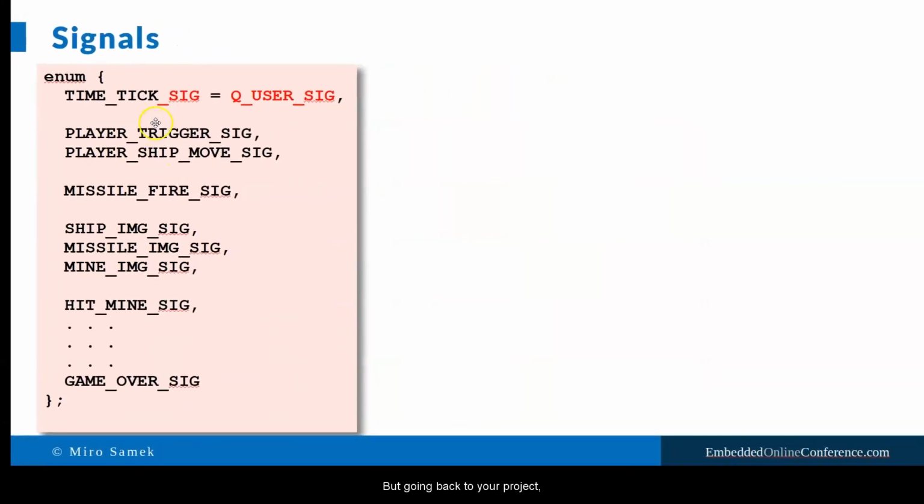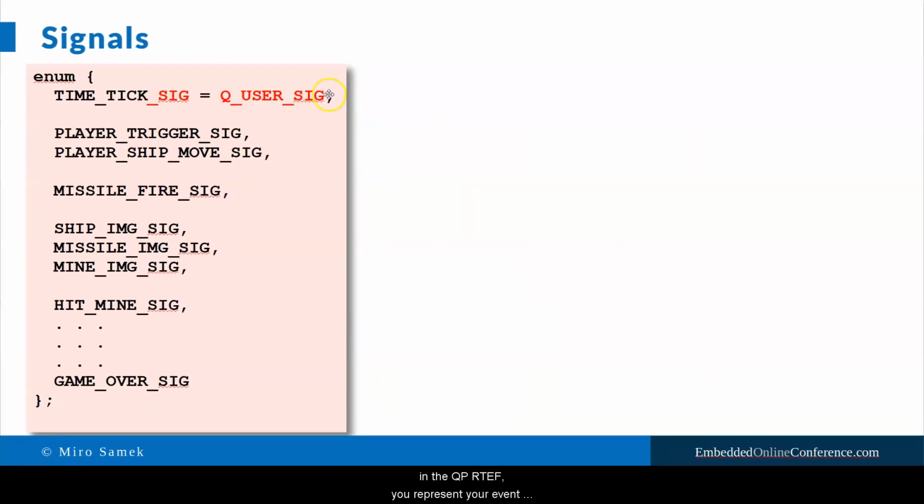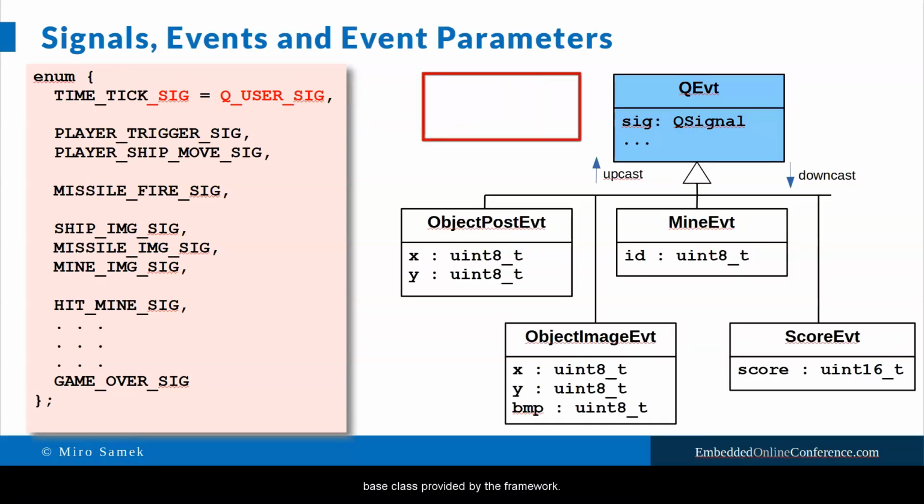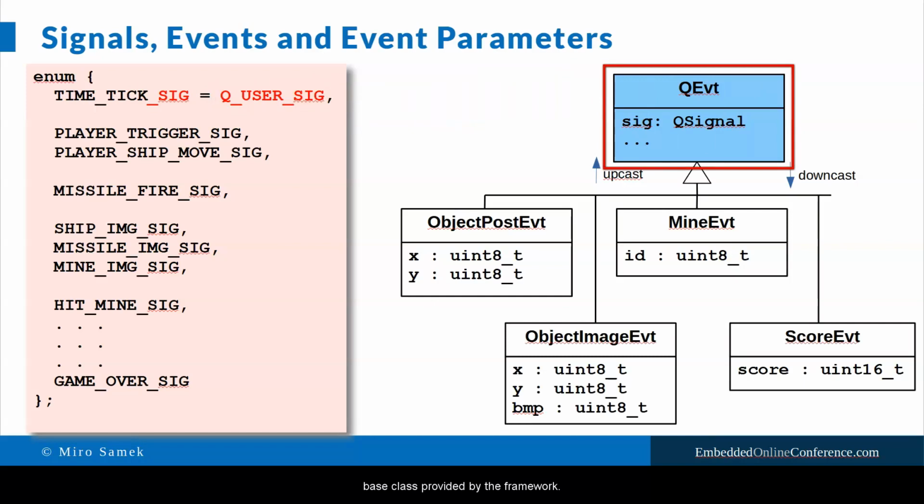But going back to your project, in the QP-RTEF you represent your event signals simply as enumerated constants. By a QP naming convention, all signals have the _SIG suffix, and they are all offset by the Q_USER_SIG constant. Events are represented in QP as instances of the QEvt base class provided in the framework.